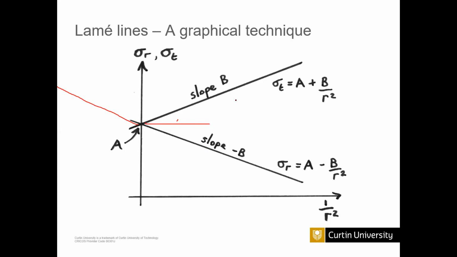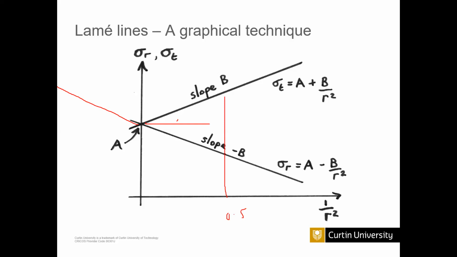The same equation you can use. You don't want to calculate against sigma t, but if you know the 1 upon r squared value, you get the sigma r value, that means the radial stress. Like this I will show you. Assume the 1 upon r squared value is 0.5.